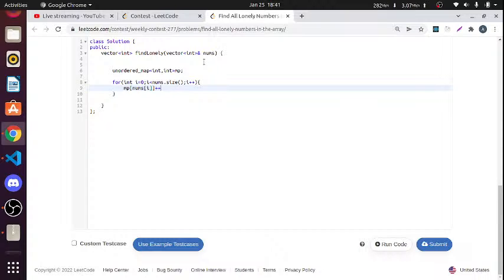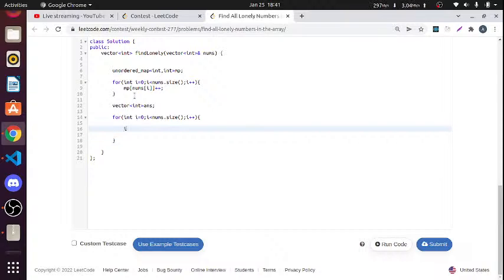Okay, no problem, fine. Then we will make the answer vector to print. Then we will loop again, i plus plus, and then we will check that the frequency of that number should be 1.